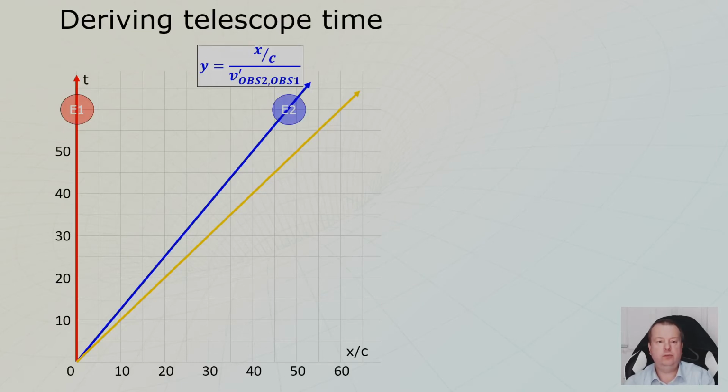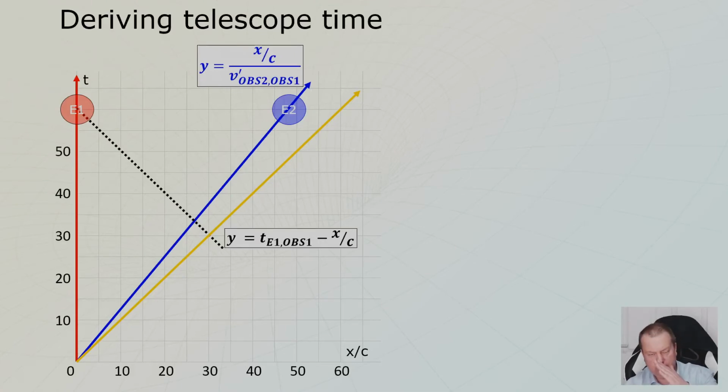Event number 2 is the time and location of the clock in the train. And now we punch in the projection line, with an angle of 45 degrees, in which the light travels from the train back to the telescope in the house. And this line, the black dotted line, has this equation.